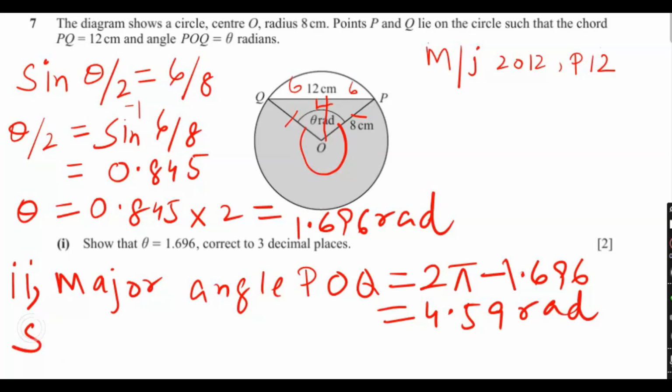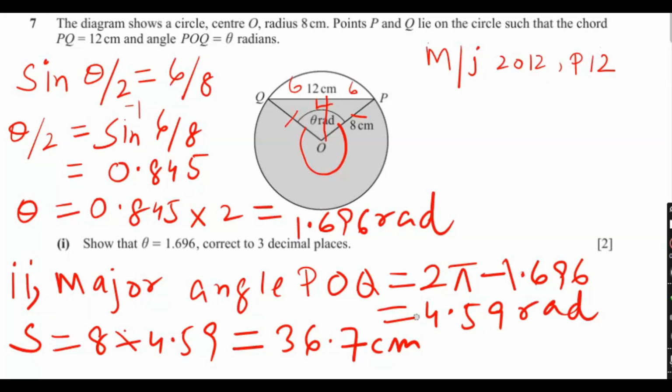The formula of major arc or the minor arc is s is equal to r theta. So r is 8 into theta is 4.59. So 8 multiplied by 4.59 is 36.7.